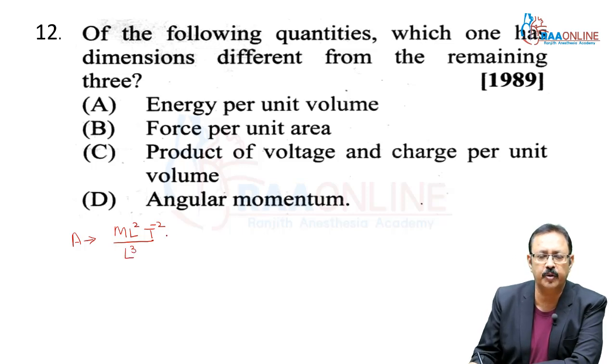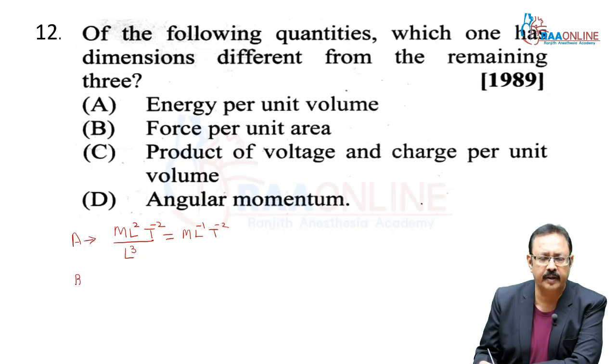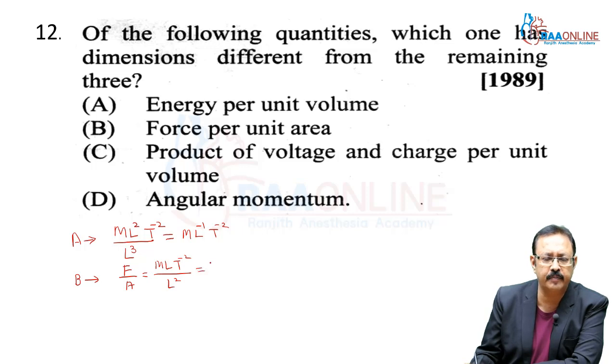Volume means L cube. So we are getting M L minus 1 T minus 2. For B, force per unit area: M L T minus 2 divided by L2. Again the same thing, M L minus 1 T minus 2.